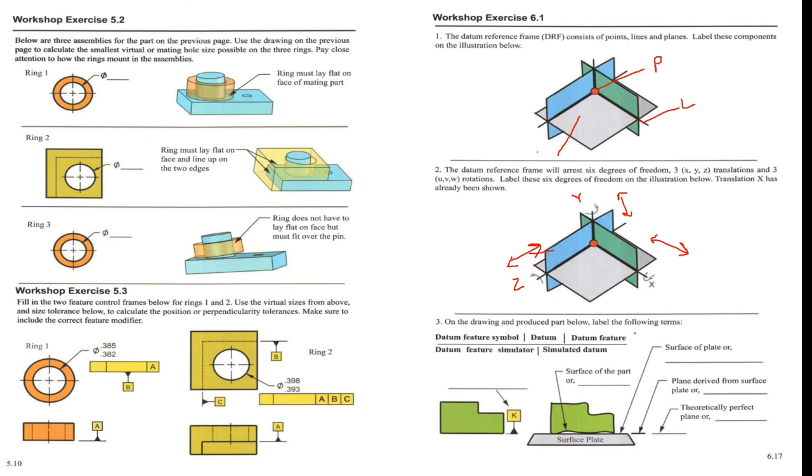Then here we have to label these terms. So the K is the datum feature symbol. The first one, it's K. Then the surface of the part is a datum feature.